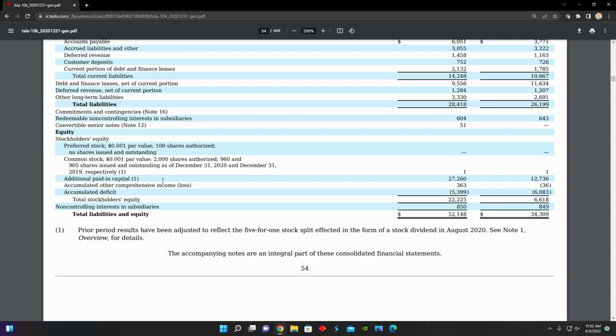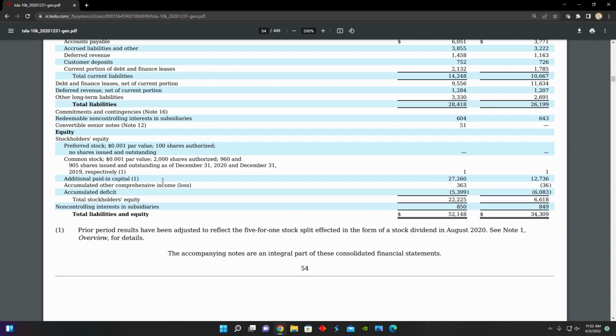But for some reason on their financial statements, sometimes the shares outstanding number doesn't really get impacted, but the retained earnings number gets impacted. So sometimes the way some companies report these financials can get a little bit confusing.